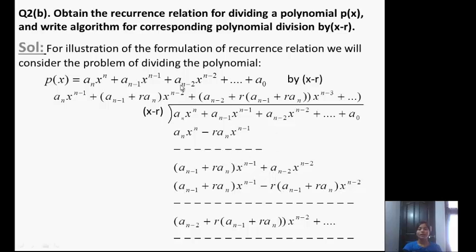In this way we can get our answer, that is an x to power n minus 1 and so on.